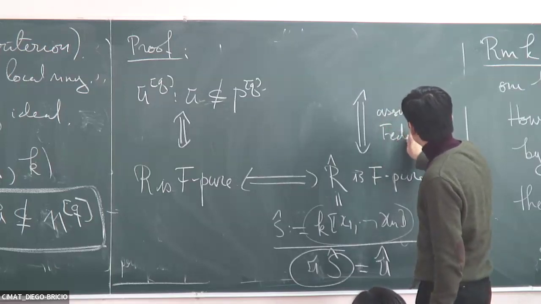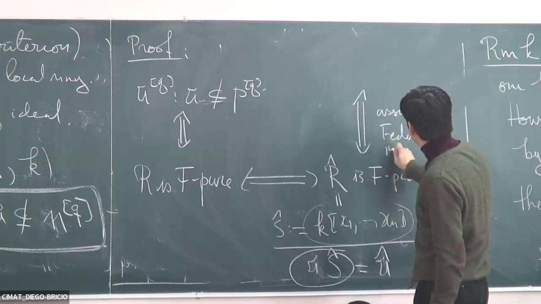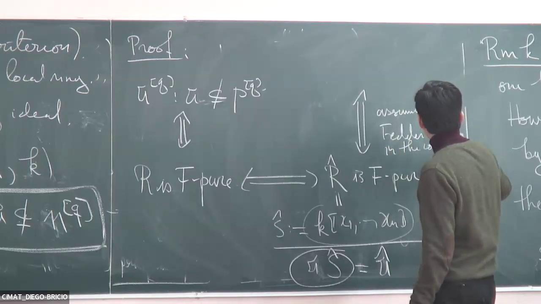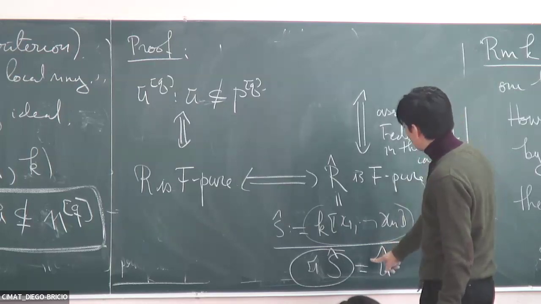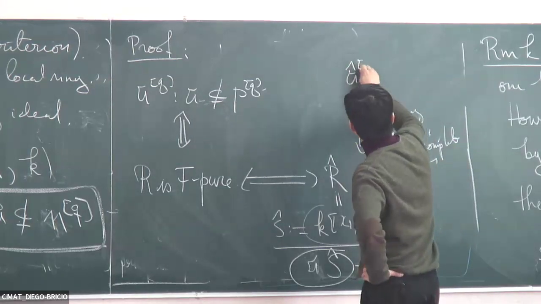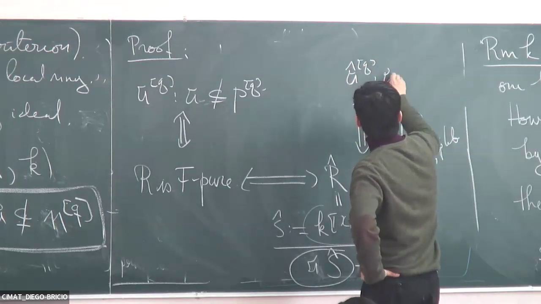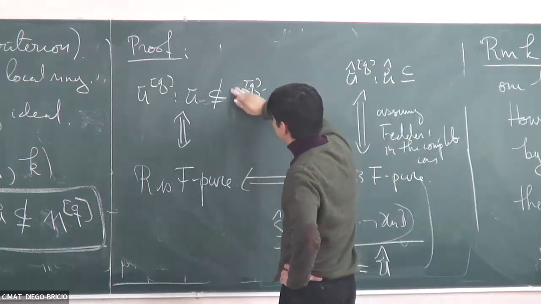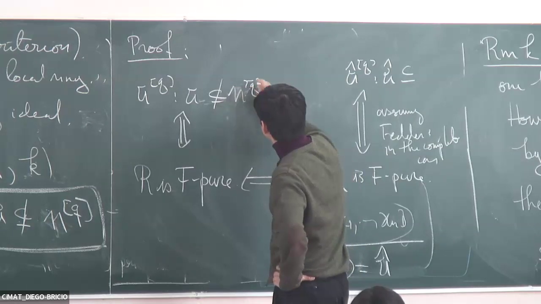in the complete case, this would have to be equivalent to A hat to the q colon A hat. Notice I wrote here p, I'm so sorry, I meant n.